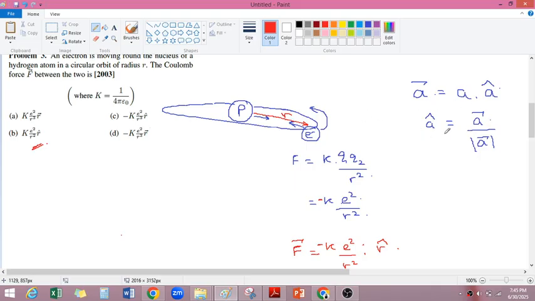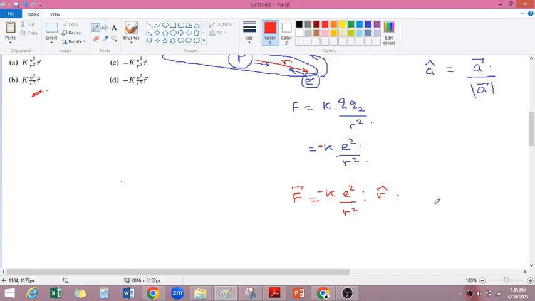R cap, look at this. A cap can be replaced with A vector by A magnitude. So R cap can be replaced with R vector divided by R magnitude. Then what happens? I will get r cubed in the bottom.